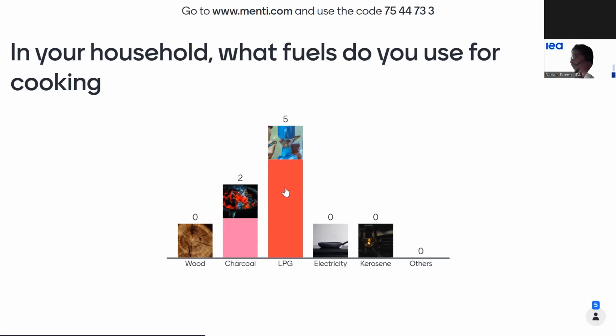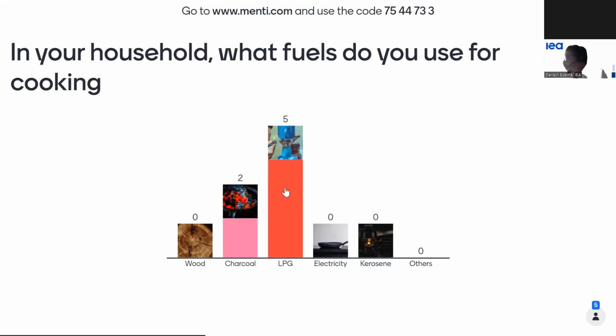Okay, I see an additional person who is using both charcoal and LPG. So it's good that I see many of you using 2 technologies.